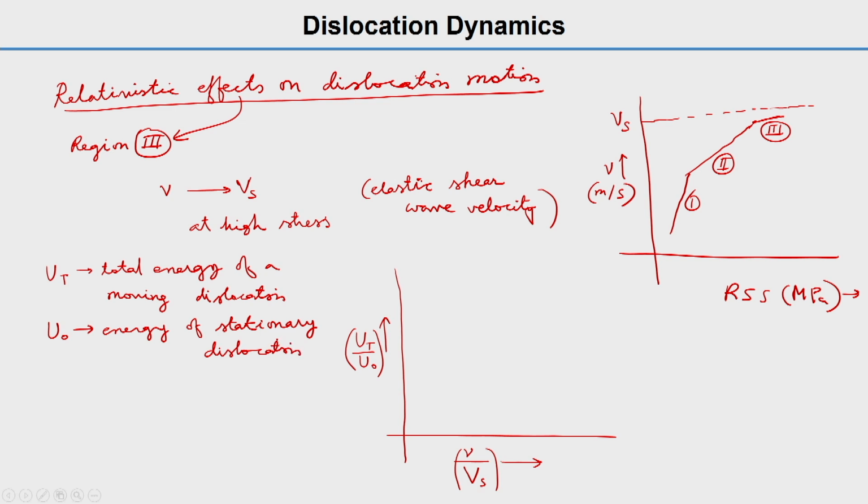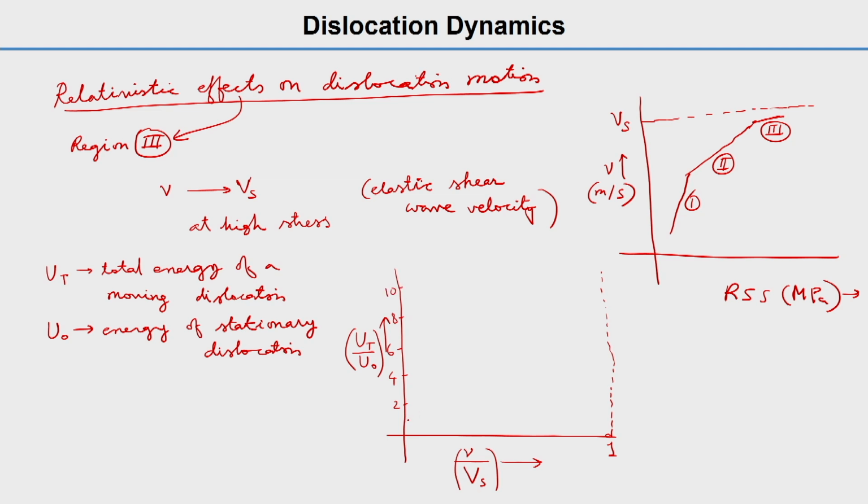So what happens if we plot it? Let's say we have here the limit is 1, that means when dislocation velocity approaches the shear wave velocity, and here let's say our ratios are 2, 4, 6, 8, 10, like this.